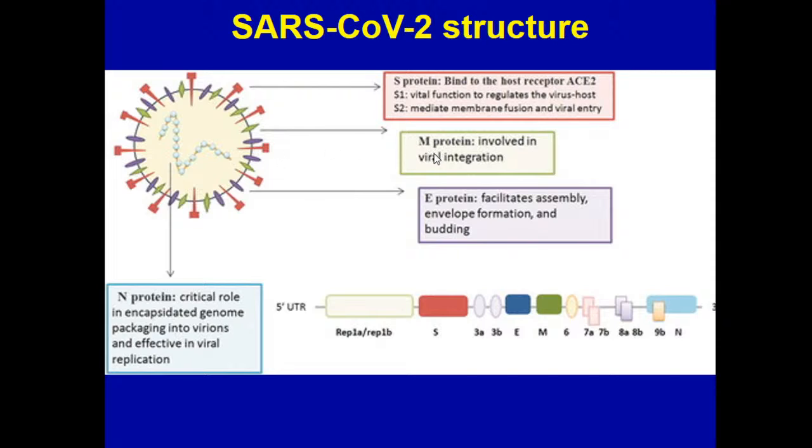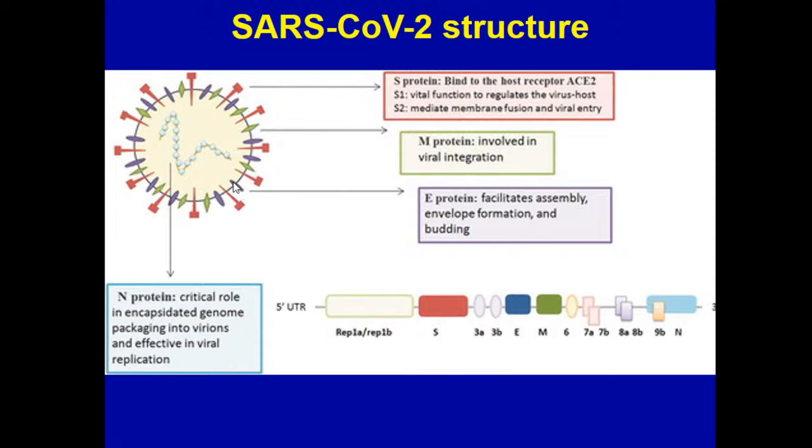So membrane protein, this is not matrix, membrane protein is involved in viral integration, integration means the fusion with the endosome or fusion with the cell membrane. E protein facilitates assembly, envelope formation, and budding.